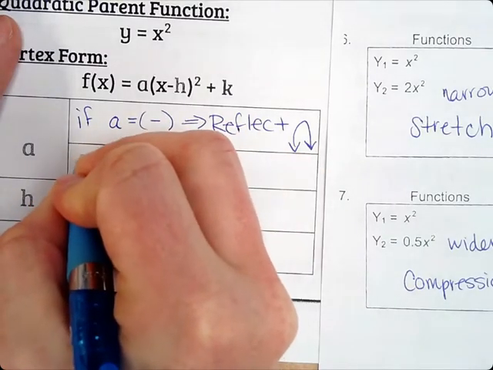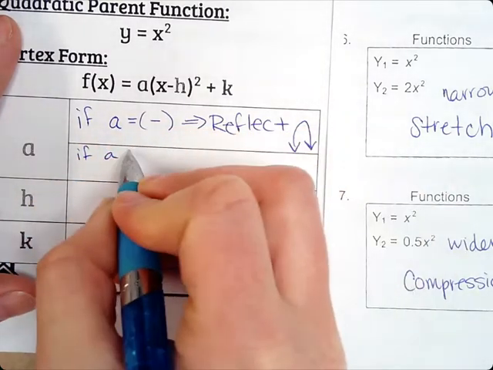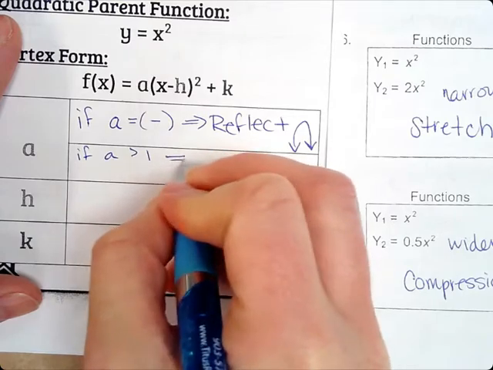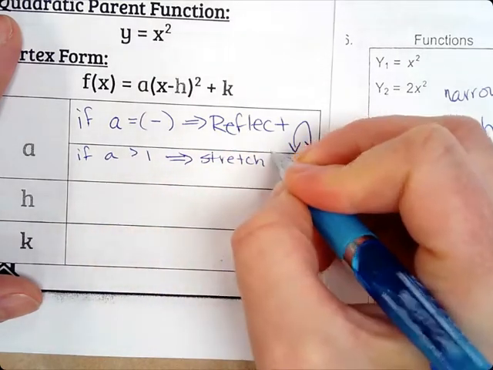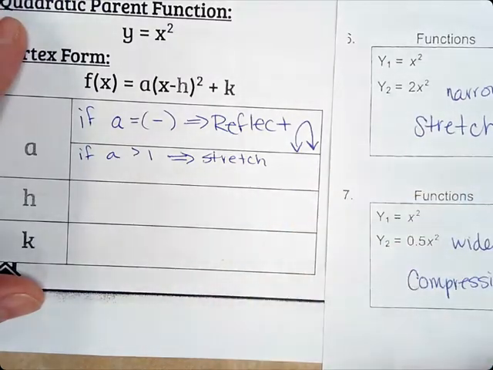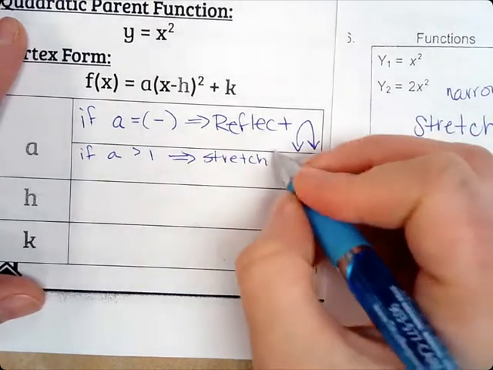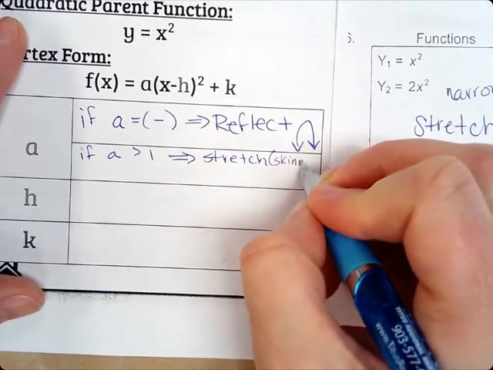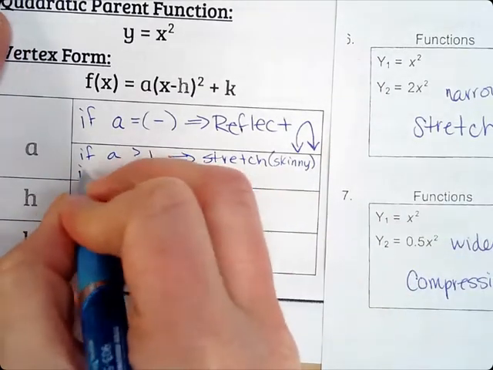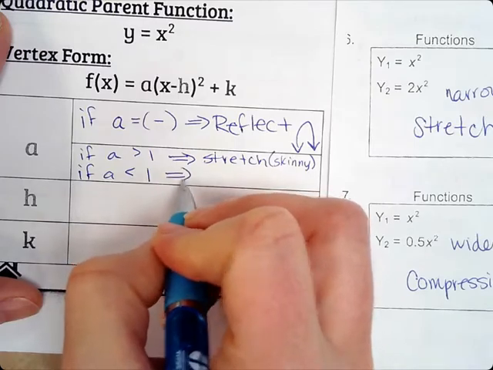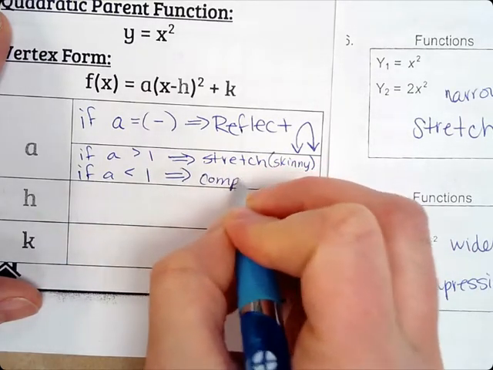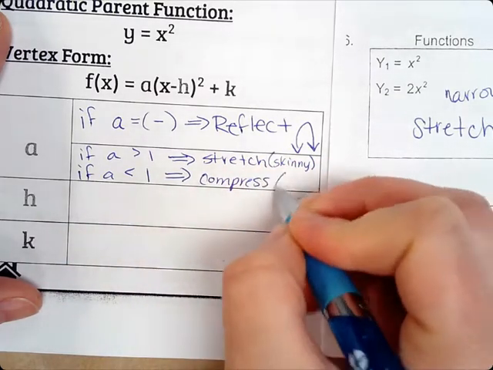So if A is greater than 1, that means it's going to be a stretch. If you want to put on there narrow or skinny, you can. If A is less than 1, it's going to be compressed. It's going to be fat.